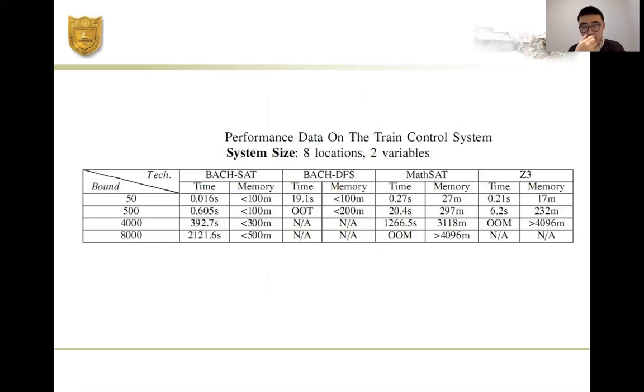You can see for this system, it has like 8 locations and 2 variables. And we compare with SPARK and the integral solving by using SMT, where we generate a huge SMT formula. We also use MathSAT and Z3 to solve such problems.